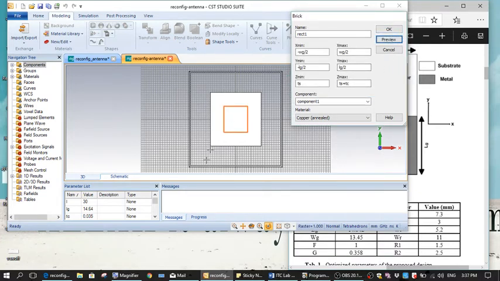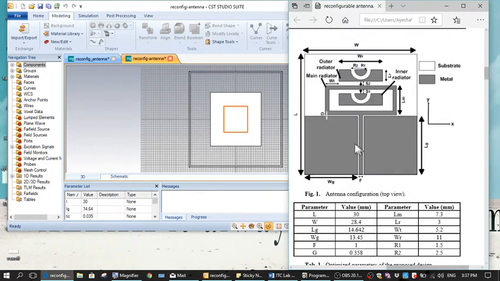Okay, so now we need to position this rectangle towards the left bottom corner. For that, we will adjust the values. Let's take a look at here. So what we are going to do is that we have to push this square towards the bottom.